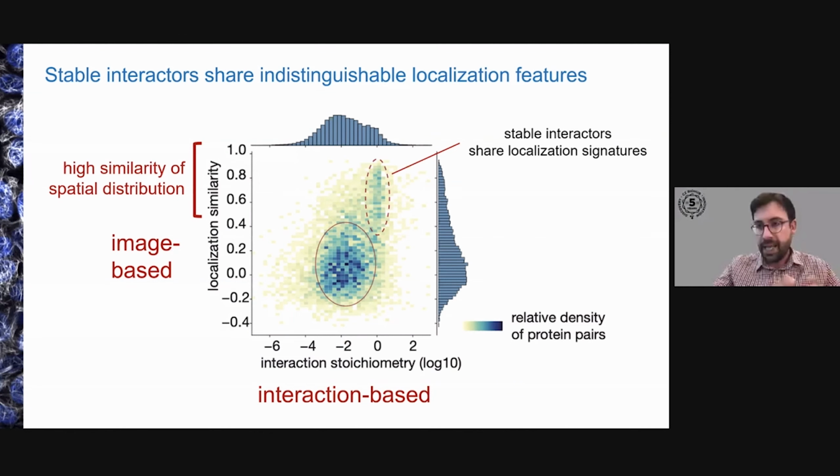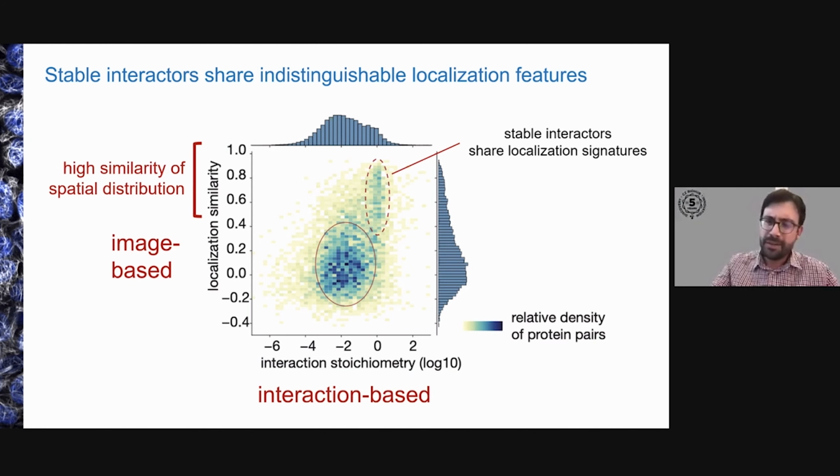And when we look more globally at all the different proteins that happen to interact within our data set, and we plot on the y-axis the similarity of the spatial distribution against the stoichiometry, the stability, the strength of their interaction on the x-axis, what you can see is that most of these proteins don't really share a high degree of spatial distribution similarity.